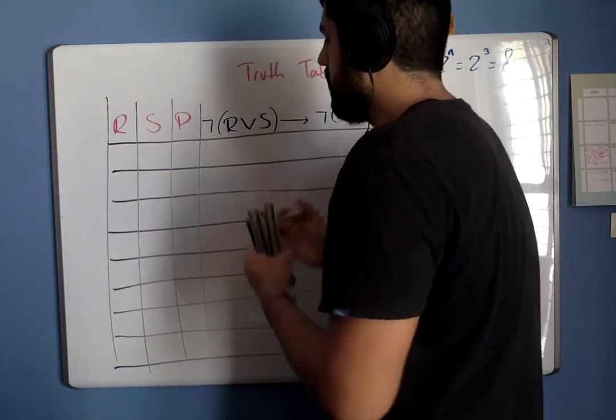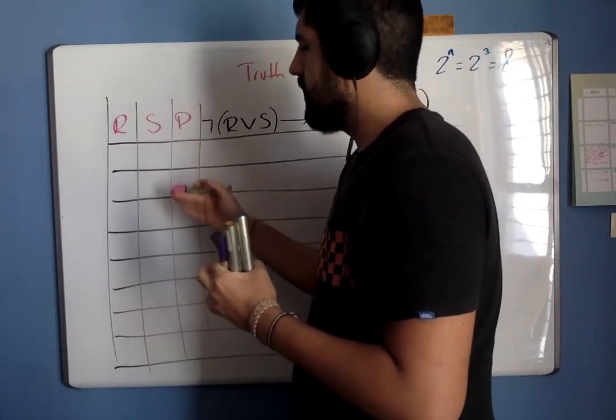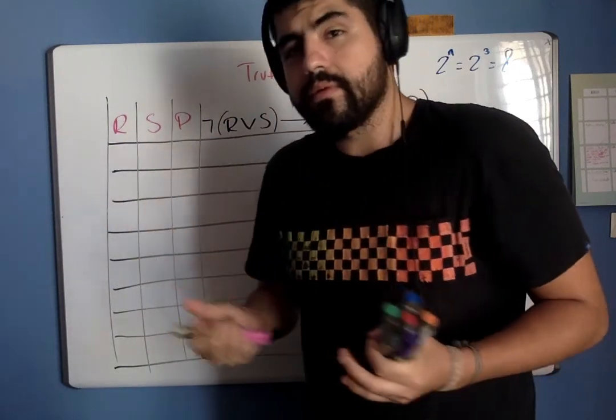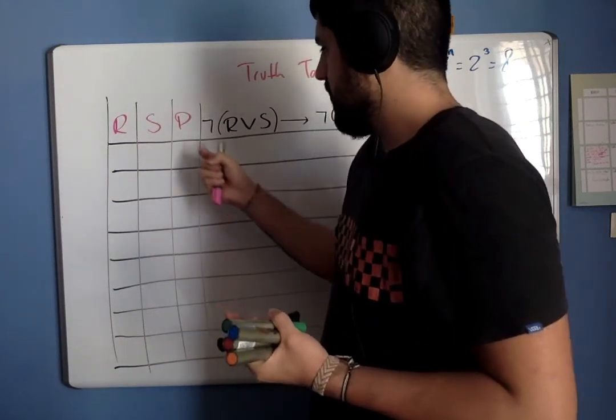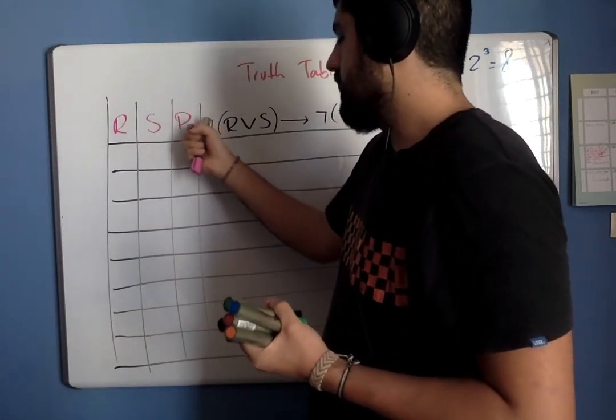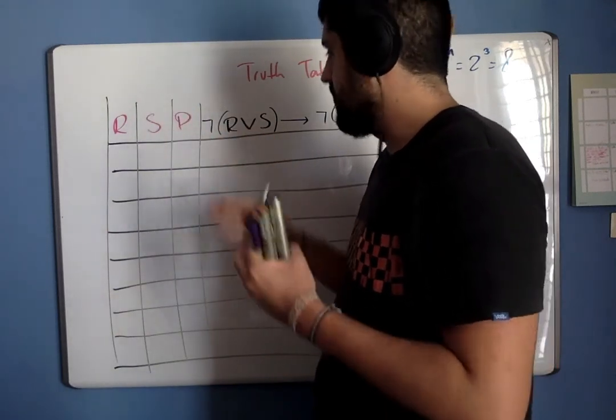When we determine the values of the variable combination area, remember that a variable can only be true or false. So P can be true or false, S can be true or false, and R can be true or false.